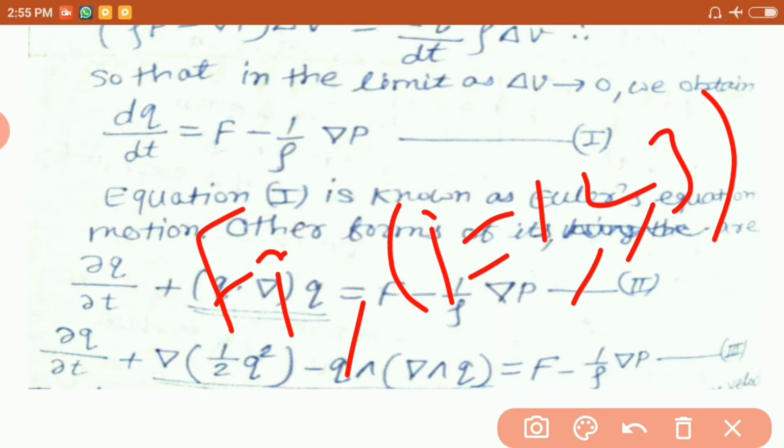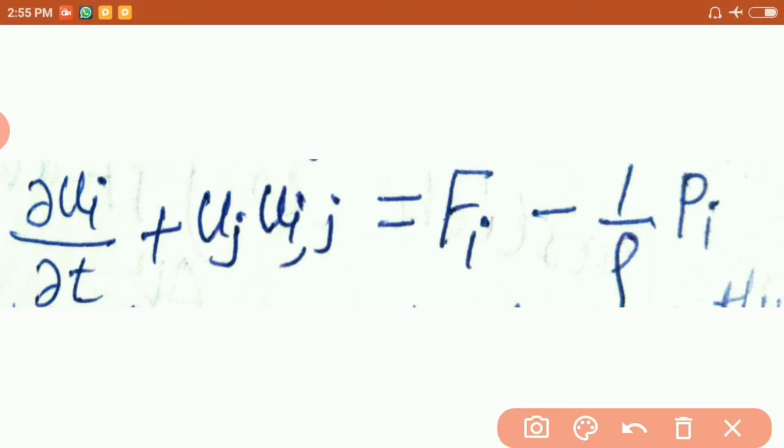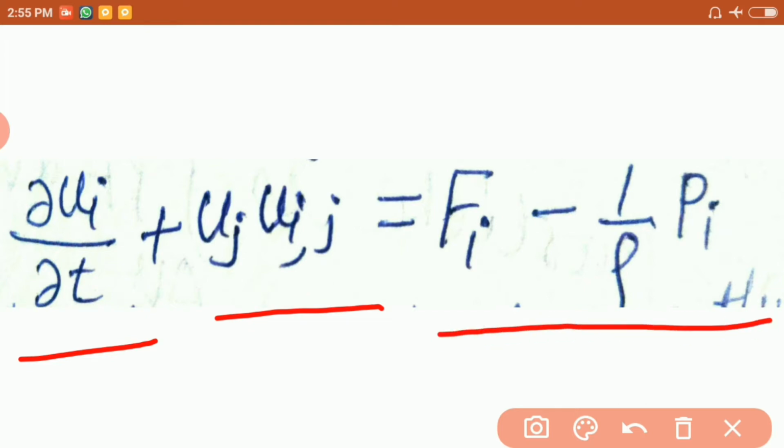Then the equation of motion may be written as dou u_i by dou t plus u_j dou u_i by dou x_j equal to F_i minus 1 by rho dou p by dou x_i. So we derived the tensor form of the Euler's equation of motion.